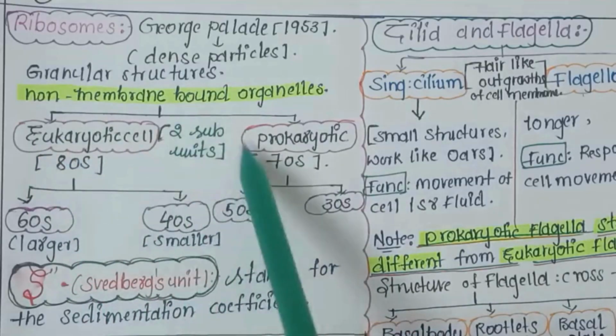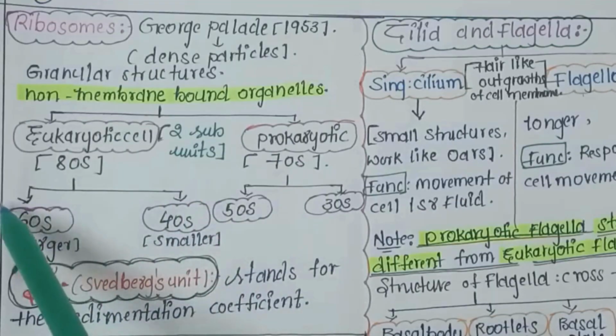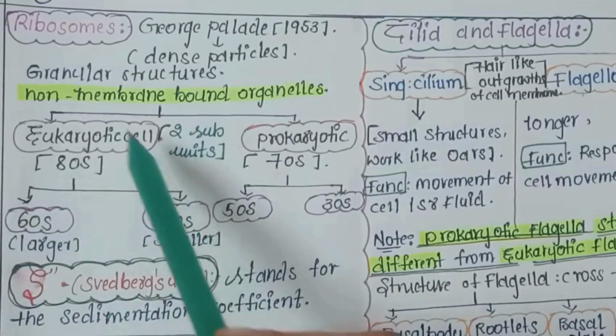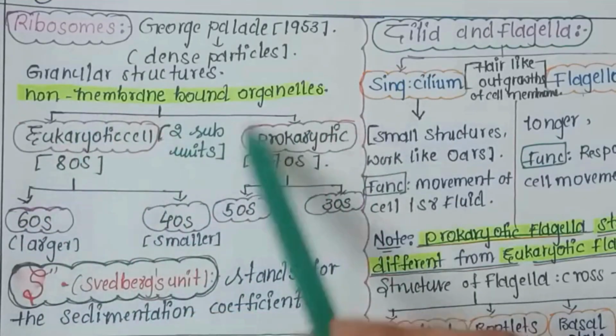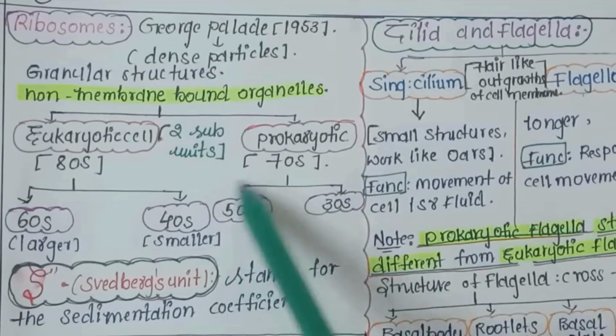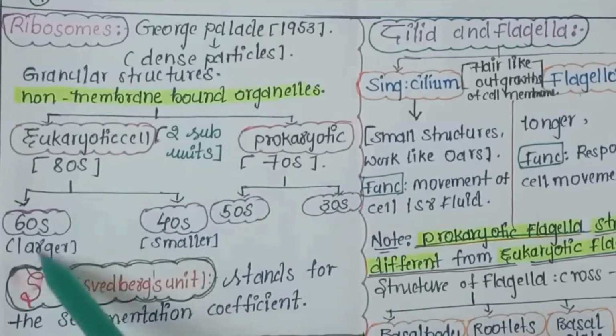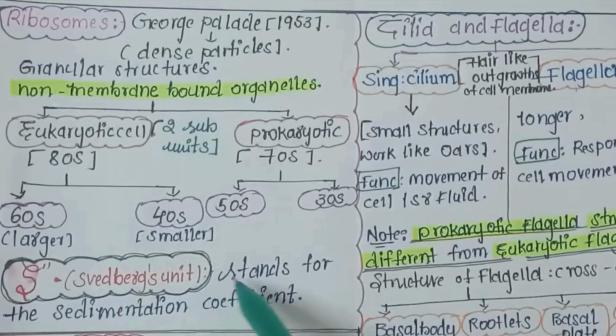They have two subunits, a larger subunit and a smaller subunit, which are 60S and 40S in the eukaryotic cell. In the prokaryotic cell they are 50S and 30S, the larger subunit and the smaller subunit. Here S stands for Svedberg unit, which is the sedimentation coefficient. It measures the sedimentation rate.